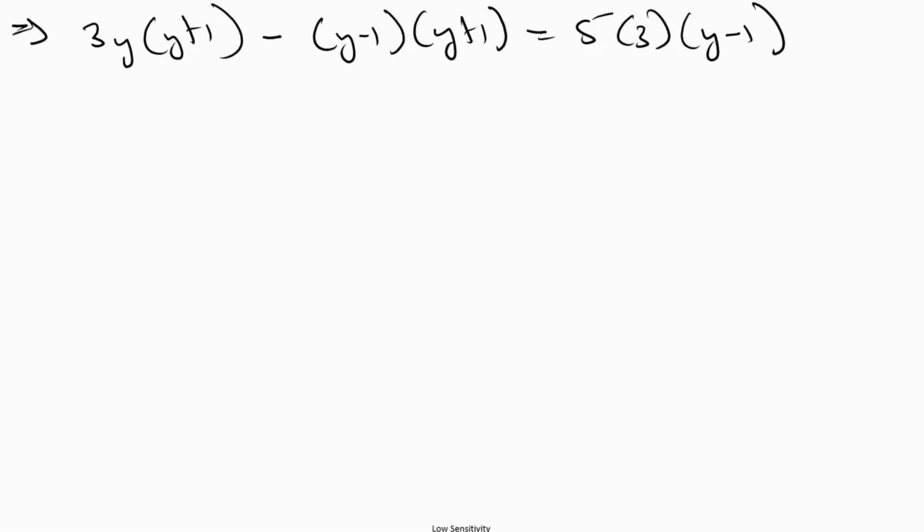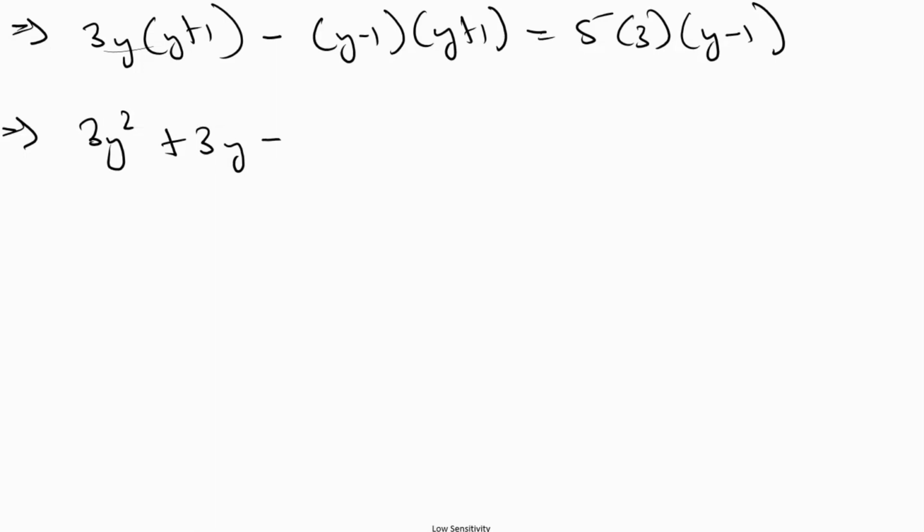So that's what we get. Then the second expression is just going to be y minus 1, y plus 1, equals 5 multiplied by 3 multiplied by y minus 1. Now our job is to just expand this. 3y times y is 3y squared. 3y times 1 is 3y.